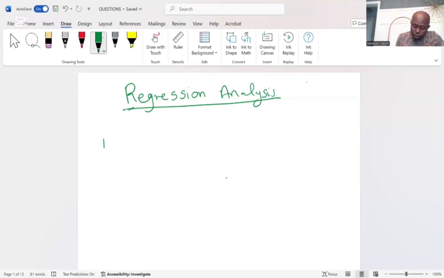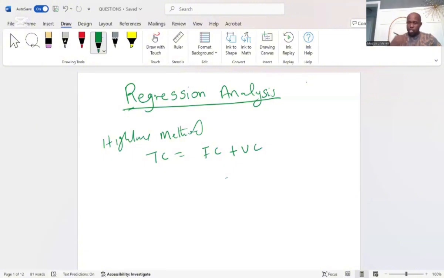Remember, for our high-low method, we say total cost equals fixed cost plus variable cost. In our high-low method, total cost equals fixed cost plus variable cost per unit, multiplied by the number of units.